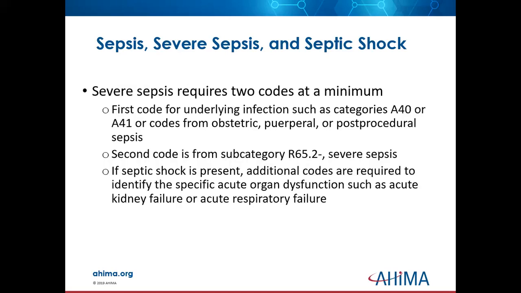With severe sepsis, we require at least 2 codes at minimum. We first code the underlying infection. So this could be something from A40 or A41, or in the case of OB or postpartum or post-procedural sepsis, there are certain codes for that.